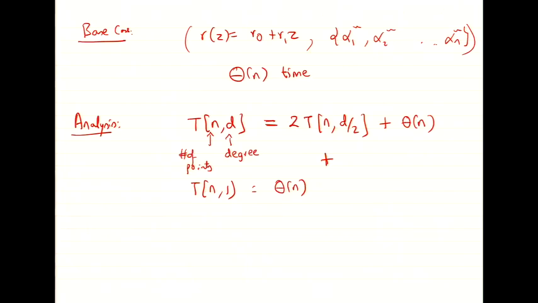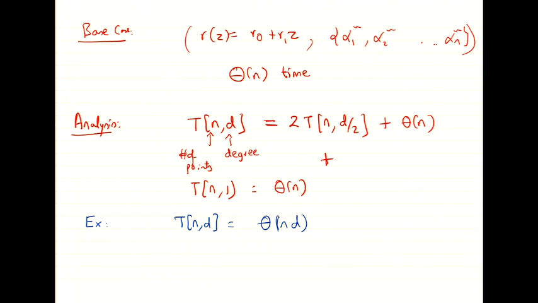I'll leave the analysis as an exercise. But if you look at T of n comma d, what you end up with is order n times d. So you get an algorithm which is no better than the naive algorithm.